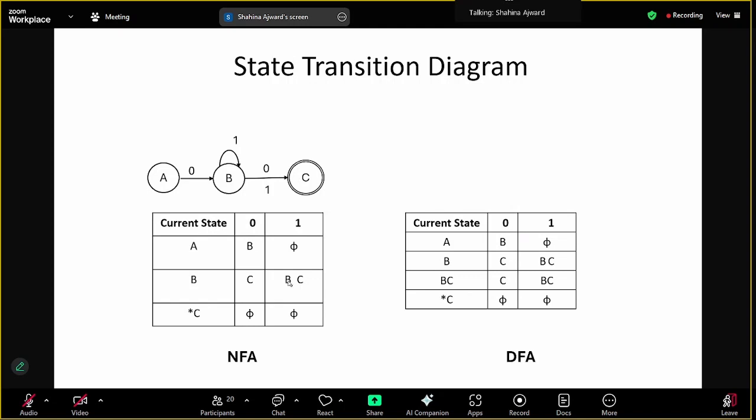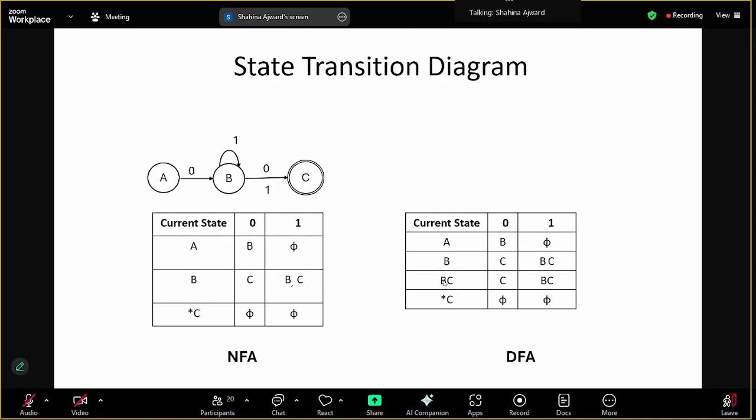When our current state is B and I receive input symbol 1, it goes to B and C. So that BC is a new state, and we have to define a new row for that. Now in the BC row, we have to check what happens for input symbol 0.